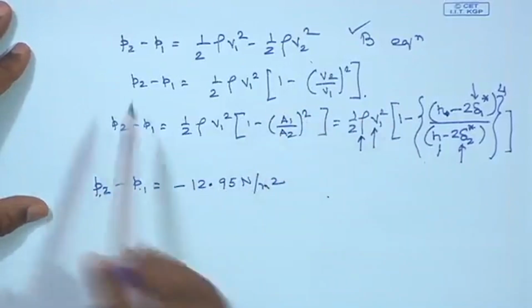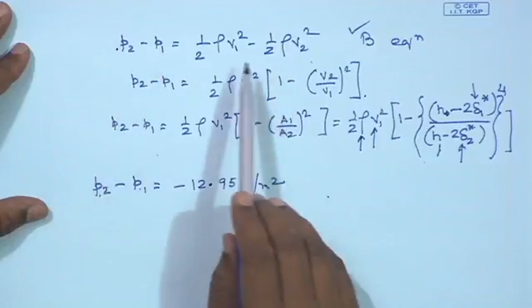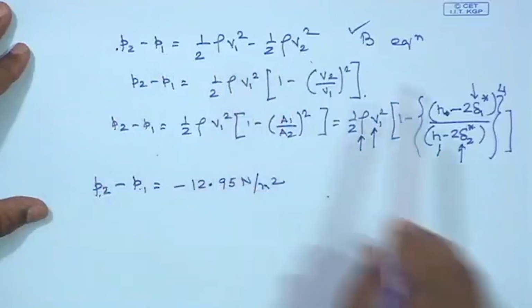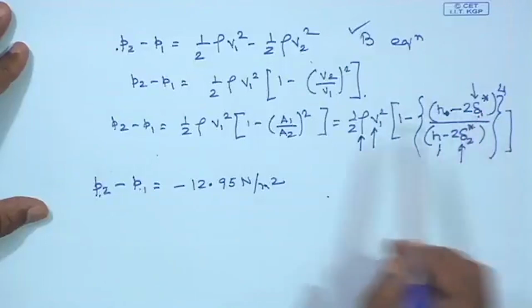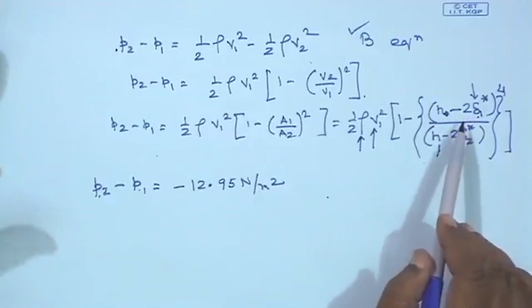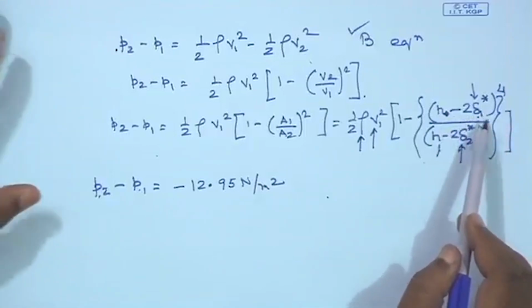Once again, what I have done is I have used Bernoulli's equation between 1 and 2. I can use Bernoulli's equation as long as I use the concept of displacement thickness, since in displacement thickness the whole flow situation is converted to an inviscid flow.